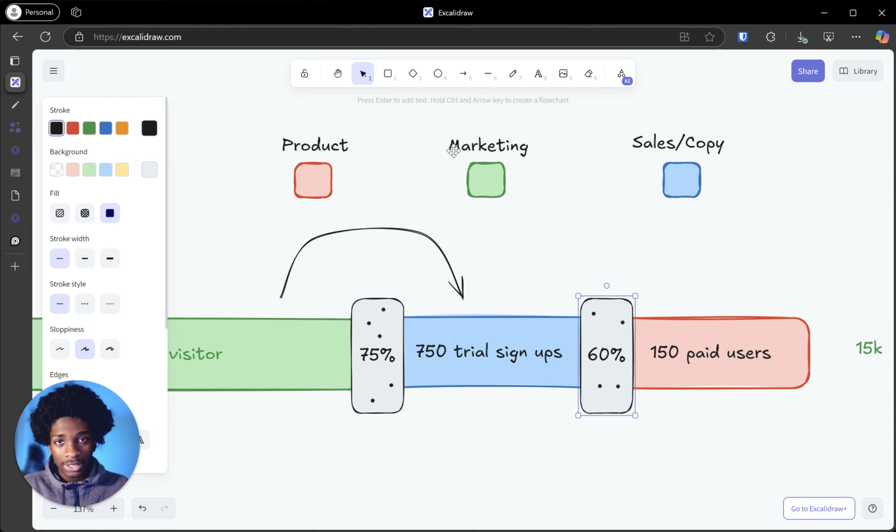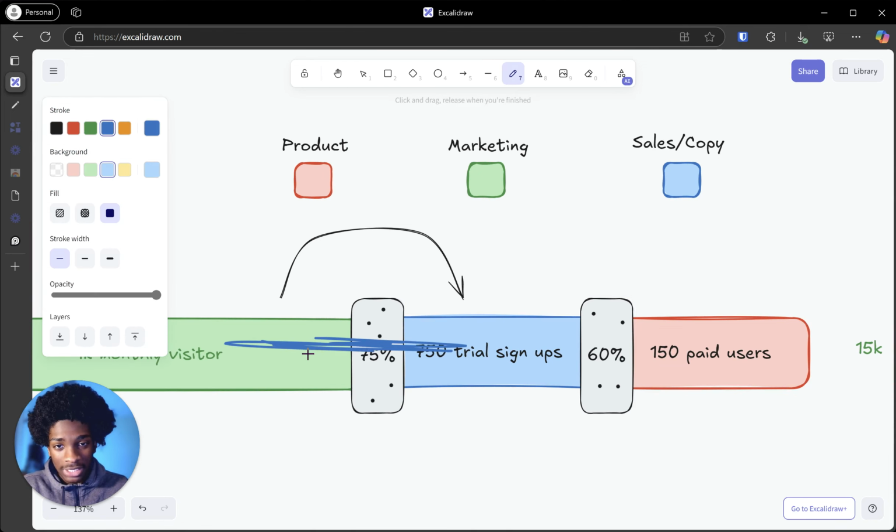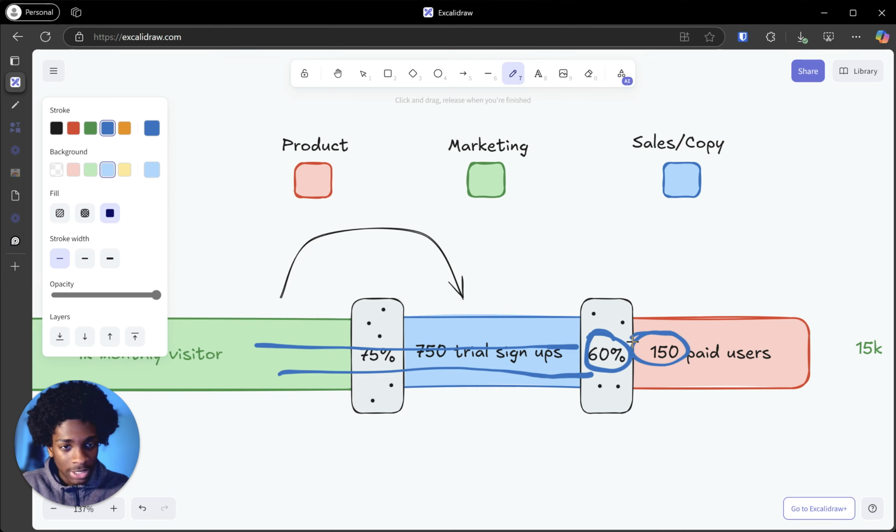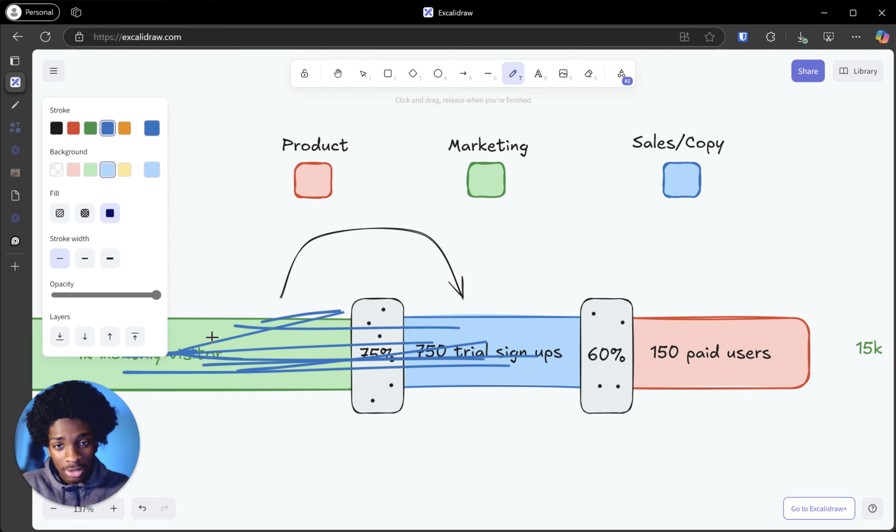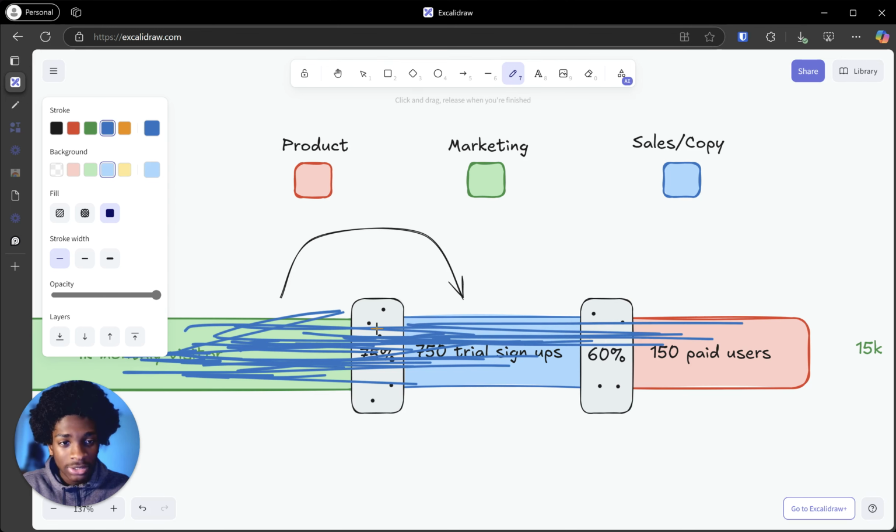The flow keeps on going. Now that the flow is able to get through this faucet easier, there's more water. Before, only this much water was able to pass through. So even though this had a great number at 60%, it was only getting 150 paid customers. But now, because you open the floodgates by making more niche-specific content and optimizing your copy, a lot more flow is able to get to the end and become paid users.